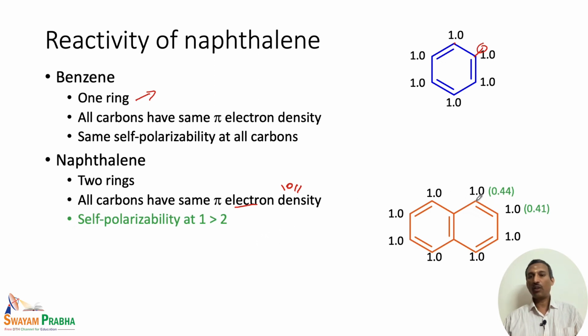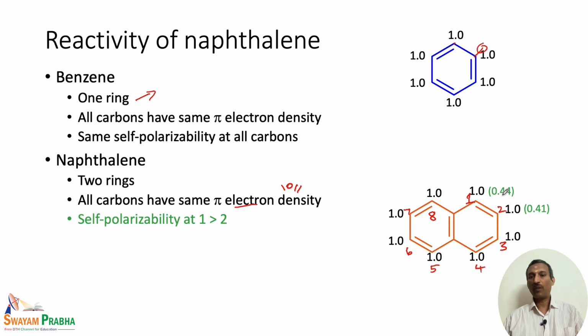If we start the numbering from here as 1, then this is going to be number 2, this is number 3, this is number 4, and then 5, 6, 7 and 8. This is how we can number this compound.